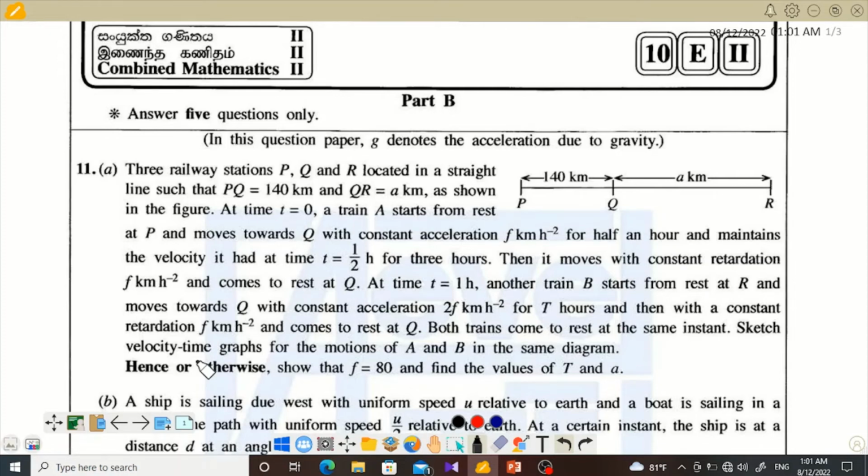Then it moves with a constant retardation f and comes to rest at Q. So I am going to first draw the velocity time graph for the train A. I consider the direction P to Q, the direction the train moves, as the positive direction. So I am going to draw the VT graph like this.